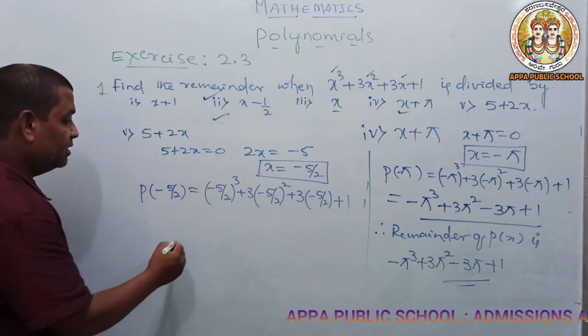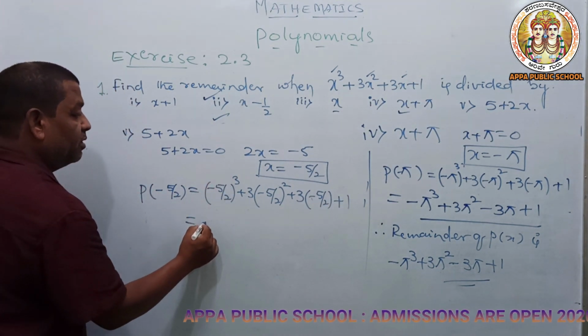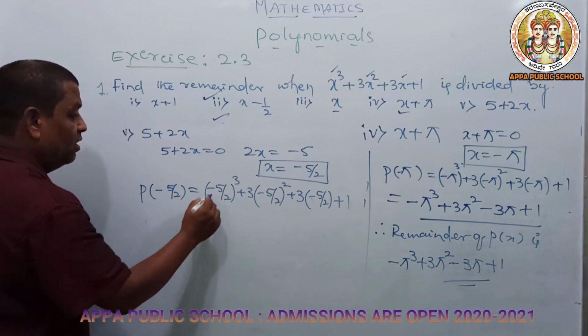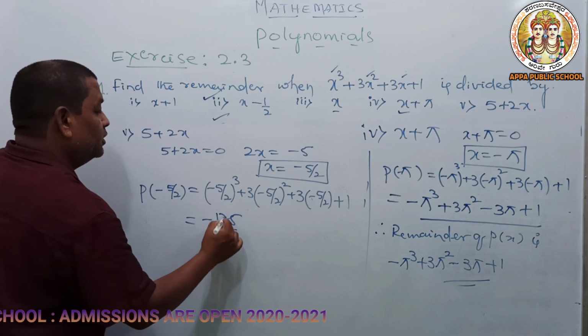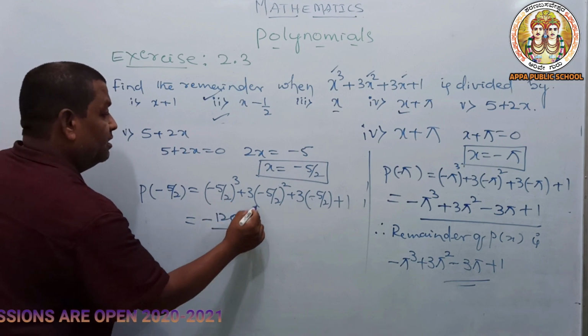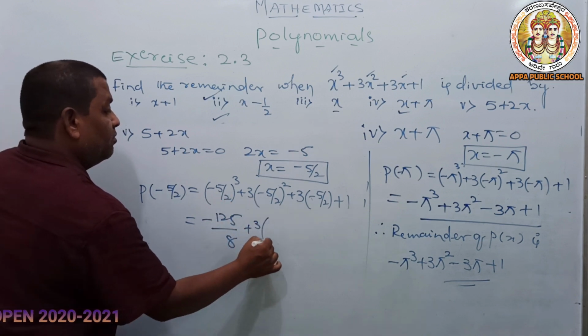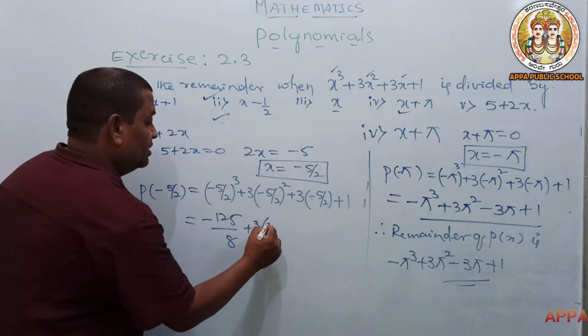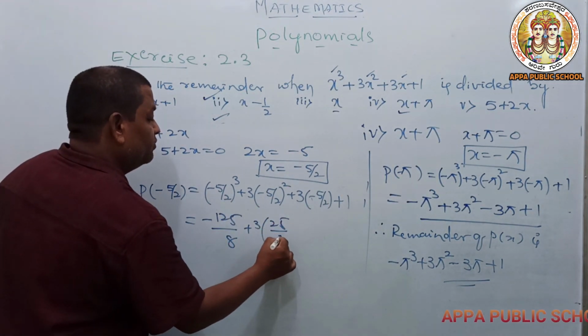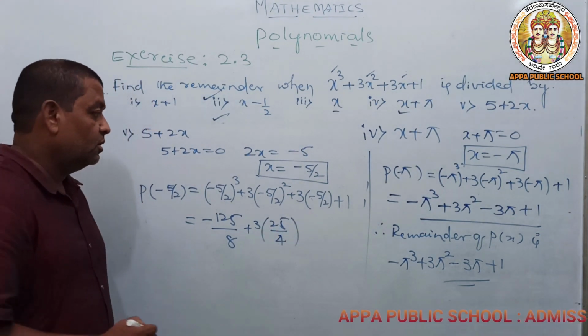So as usual open the bracket. Negative to the power of odd, negative 5 cube, 5 into 5 into 5, 125, 2 cube, 8. Negative to the power of even, plus 5 square, 25 by 2 square, 4.